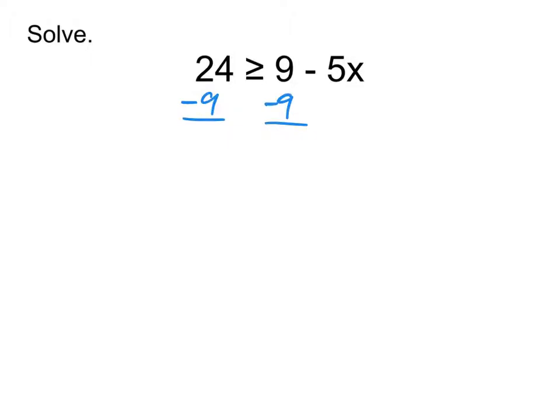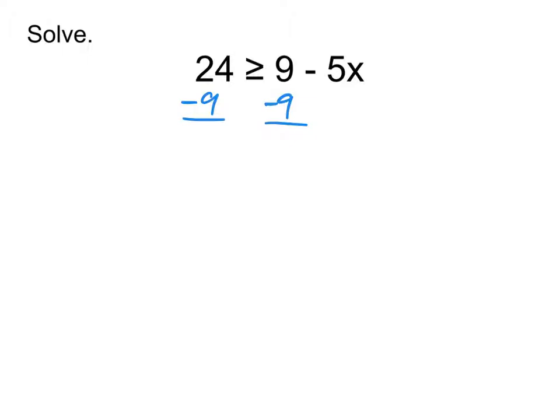Now, I need to take a little aside here because I do see a lot of people who will say, well, don't I move the 9 over by adding it? Because right now I see subtraction, and the opposite of subtraction is addition. Well, yes and no. If I were trying to move the 5x, that's being subtracted, so that would get added.